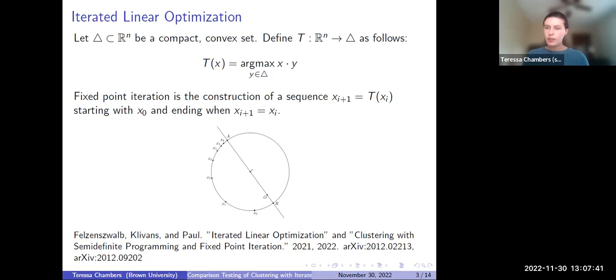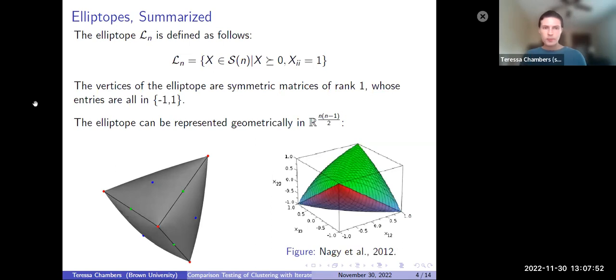Now, the thing about this is that circles are kind of simple, right? Let's take something a little more complicated. And so what I'm going to introduce here is a particular geometric structure known as the elliptope.